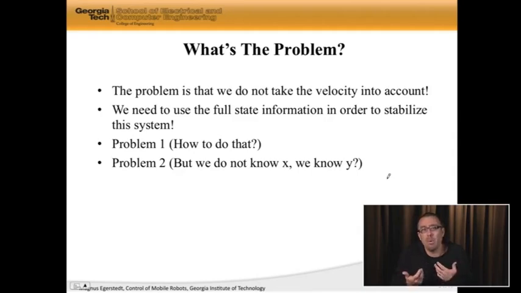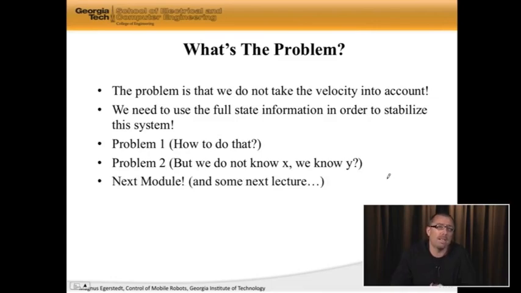So it's clearly possible in this case to at least get an estimate of the state from the output. So like I said, this is the next module, but in the next lecture, which is the last lecture of this module, we'll pretend that we actually have x and revisit the world's simplest robot and see how we can actually stabilize it if we have all of x and not just y.